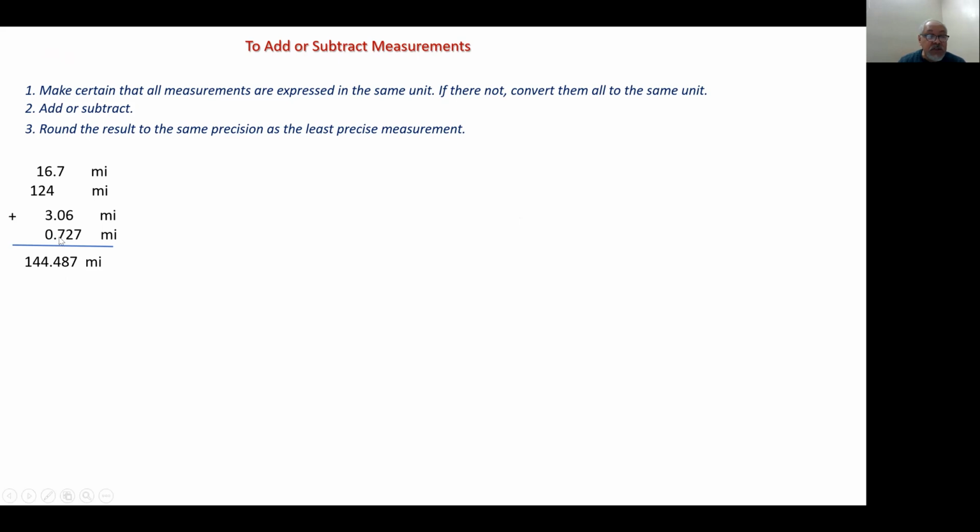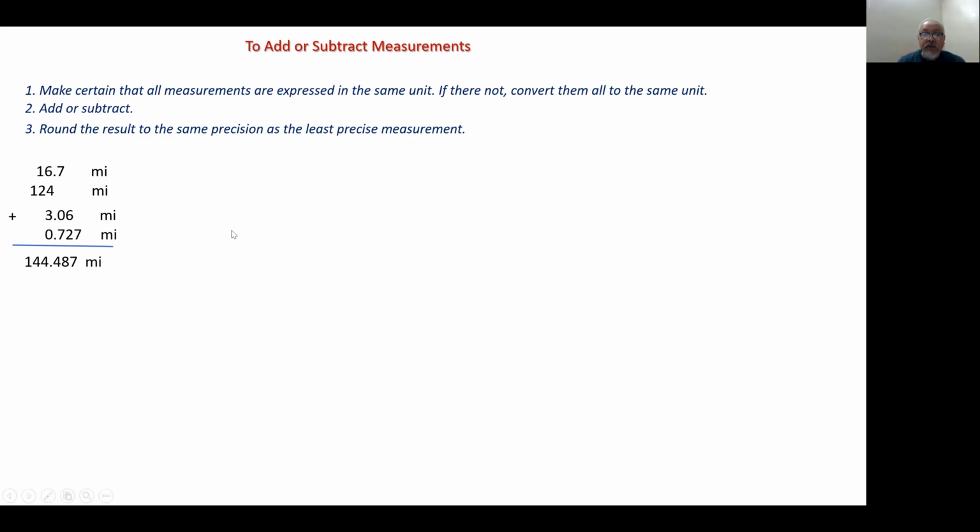We have different precision, meaning we have different devices. Now, the point is, with which precision we are supposed to report the answer. According to this rule, when we are dealing with addition and subtraction, we are using the precision of the least precise measurement.